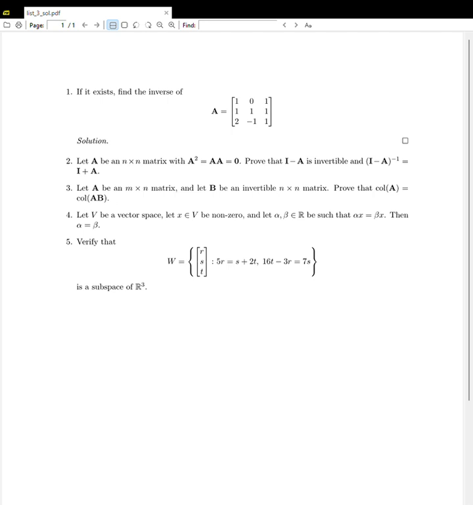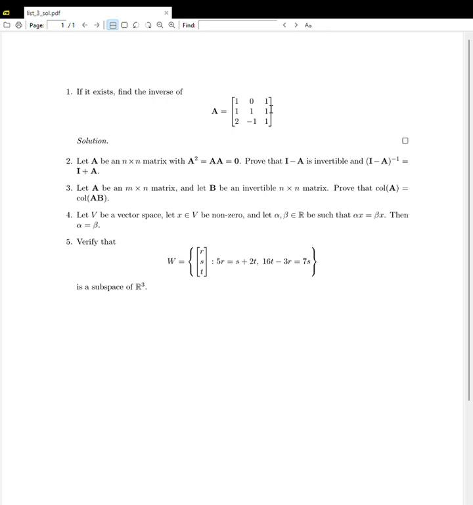Okay, so problem number 1 asks you, if it exists, find the inverse of this matrix right here. And as we noted, a matrix being invertible is equivalent to a whole bunch of things. The main one is that you're invertible precisely if you're non-singular.